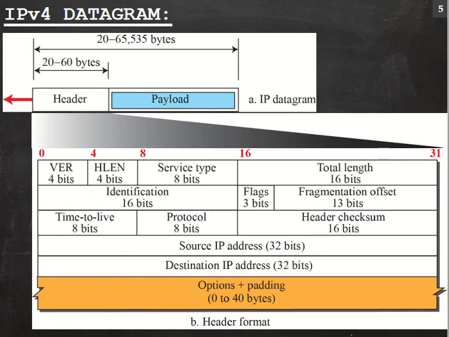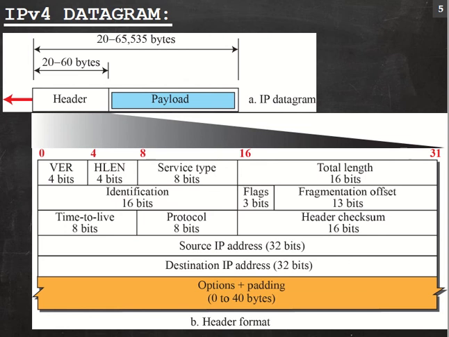Every time a router processes this datagram, it decrements this content by 1. For example, if I keep 6, once it crosses the first router it becomes 5, when it crosses the next it becomes 4.